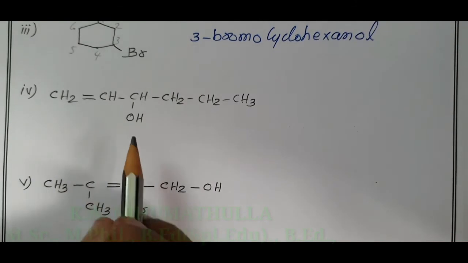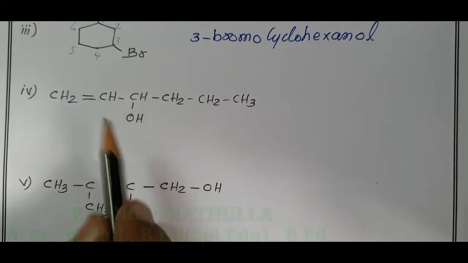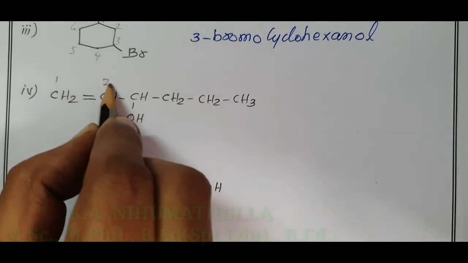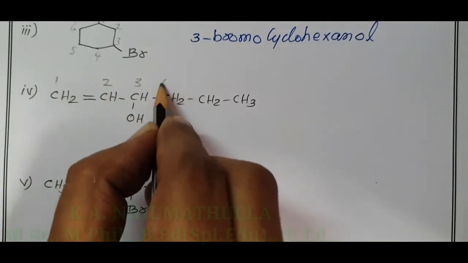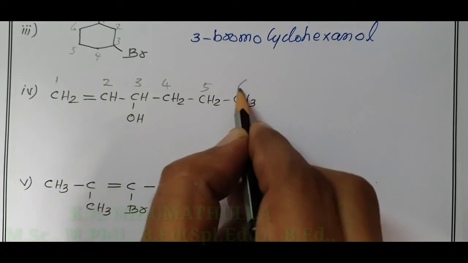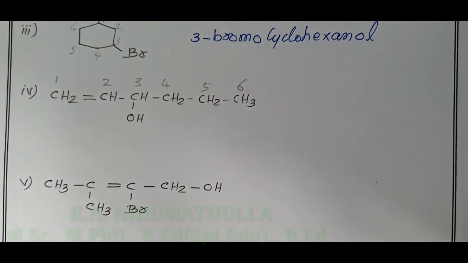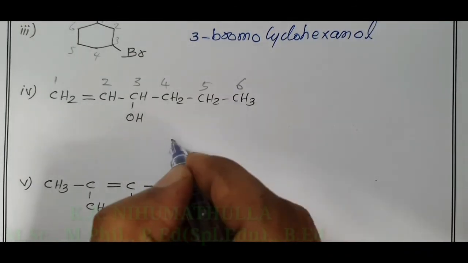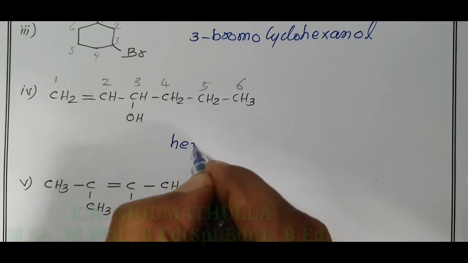So, the fourth compound is an alkenic alcohol, an allylic alcohol: 1, 2, 3, 4, 5, 6. Third carbon has OH, first carbon has the ene. Total number of carbon atoms is 6, root word hex.